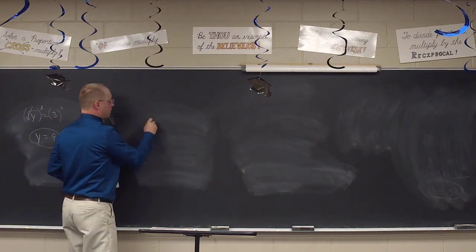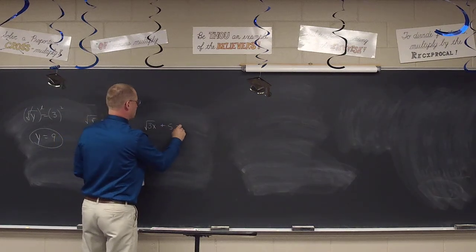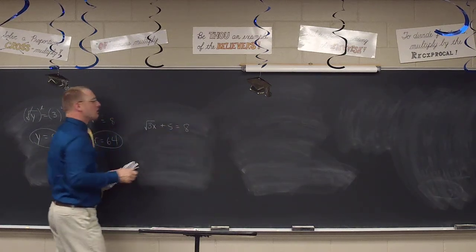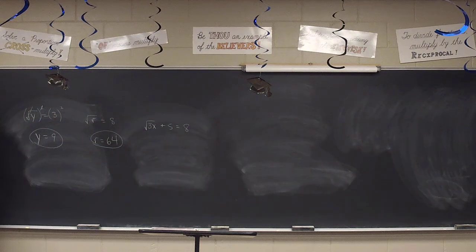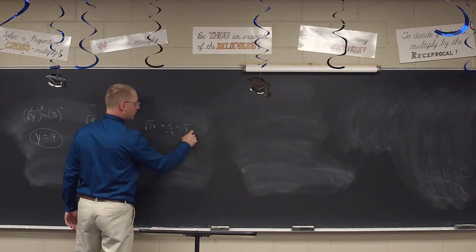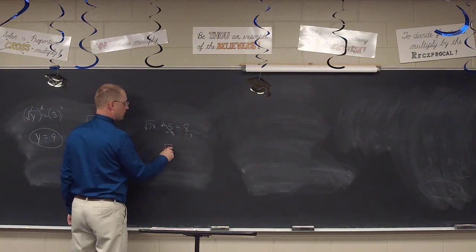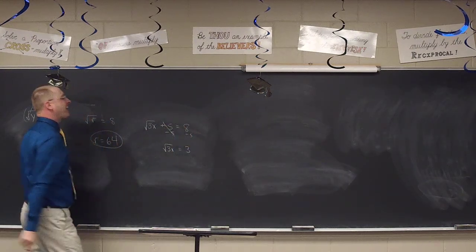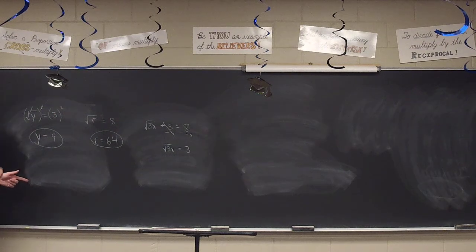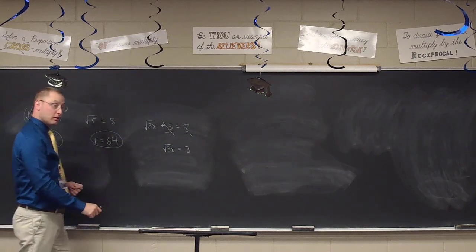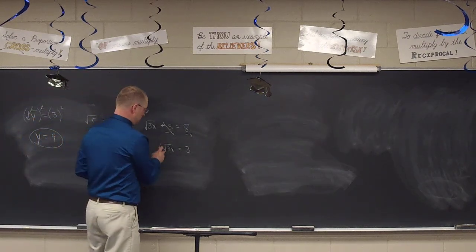Number 6, we have the square root of 3x plus 5 is equal to 8. Here, it takes a couple of steps. First of all, we have to isolate the radical because they didn't do that for us this time, Lana. Subtract 5 on both sides to get the square root of 3x is 3. All right, and now that we've isolated the radical, now we will square both sides.